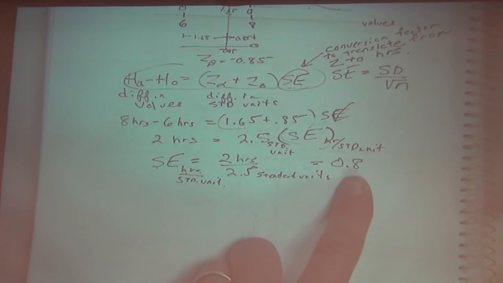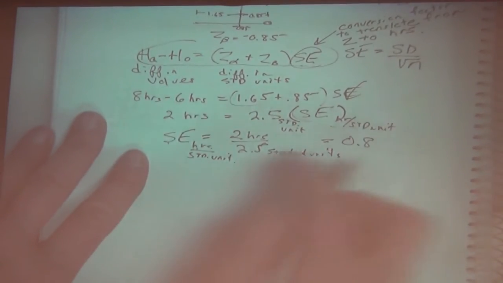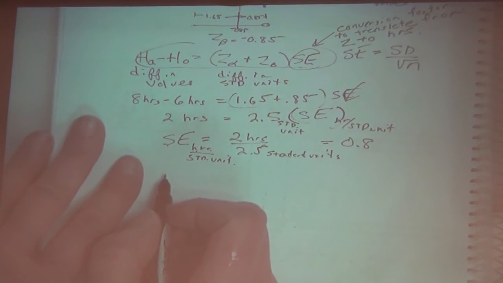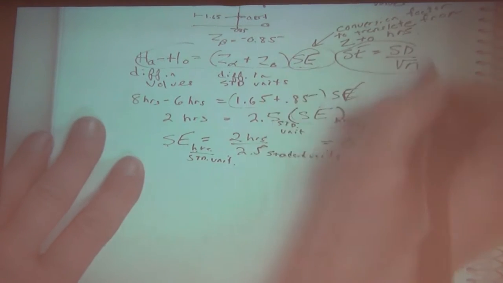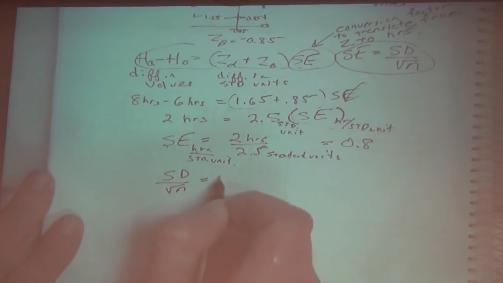Okay, so we want a standard error of 0.8, right? So we say SD over the square root of n has to be equal to 0.8.